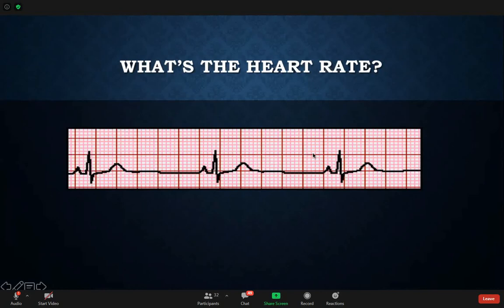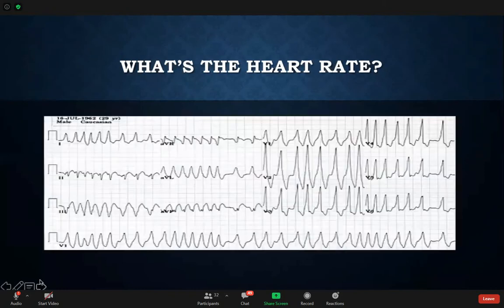Let's go with a heart rate of 50. What's the heart rate of this rhythm in front of you? Okay, this one. What's the heart rate?